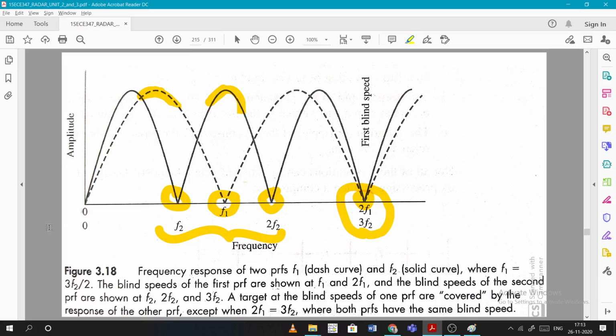If you use more PRFs, this value moves even further out, and with more PRFs we can get even closer. So even if the vehicle is traveling at blind speeds, the target can be detected because we are using different PRFs.